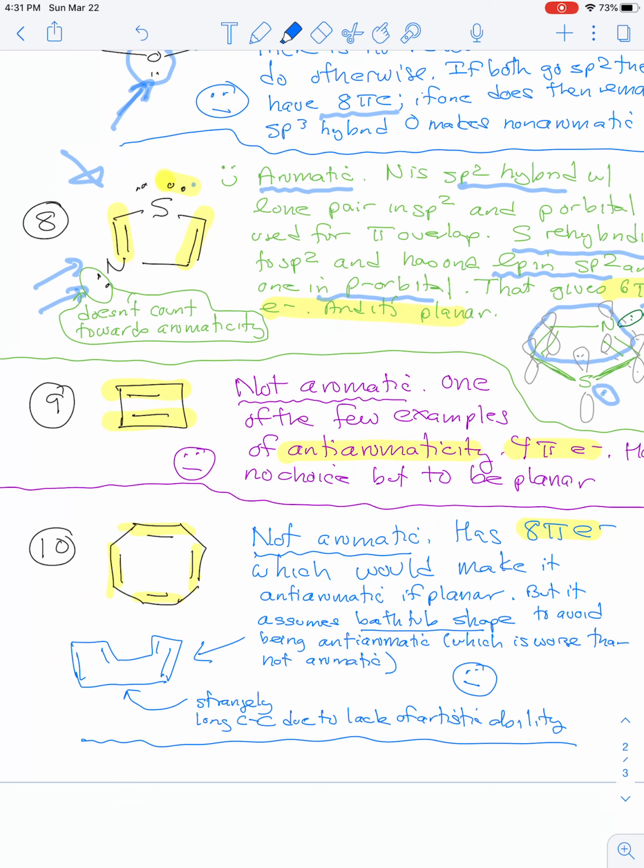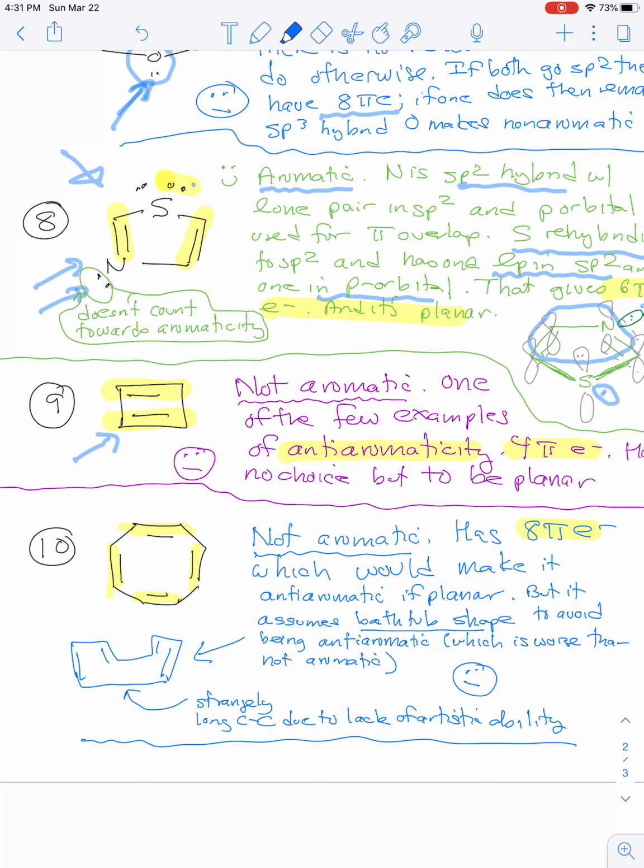Number 9, the cyclobutadiene is not aromatic. This is actually one of the few examples of anti-aromaticity. It turns out that molecules that are anti-aromatic are so unstable that molecules will do anything they can to be non-aromatic to avoid being anti-aromatic.